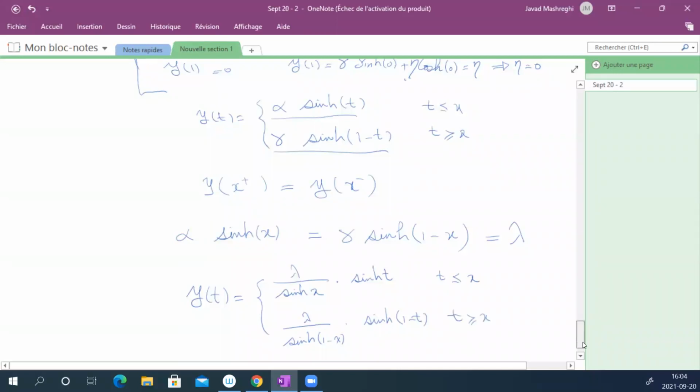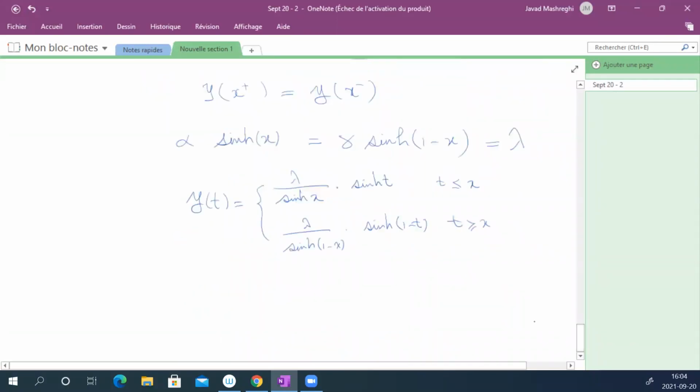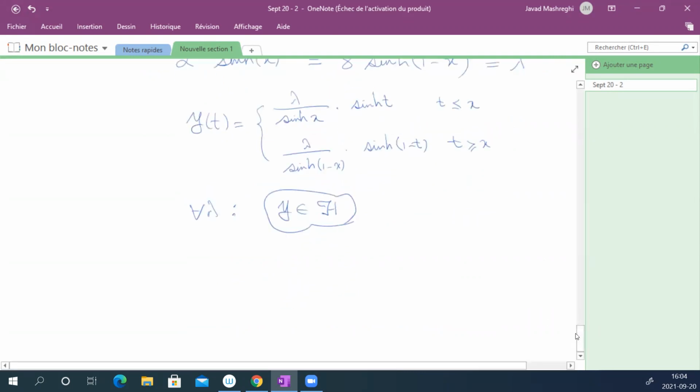At this point, I can say with certainty that for any value of lambda, y is in my space H. It's a function which is absolutely continuous, and at point 0 is equal to 0, at point 1 is equal to 0. So this is good.